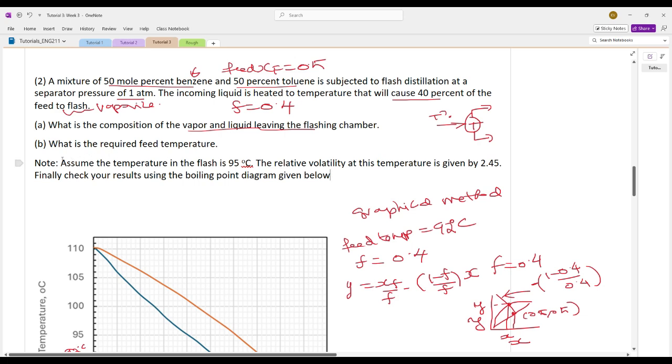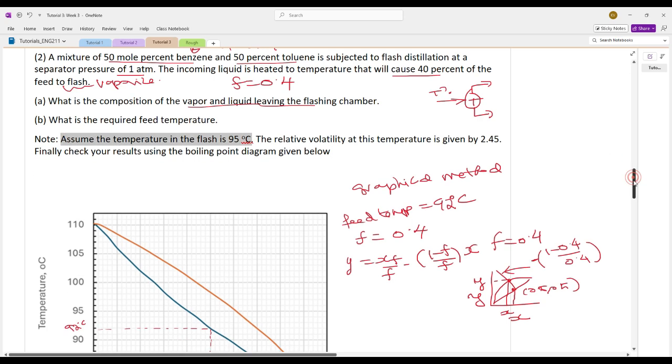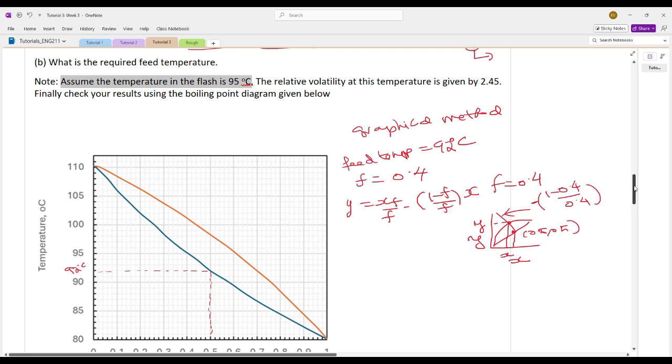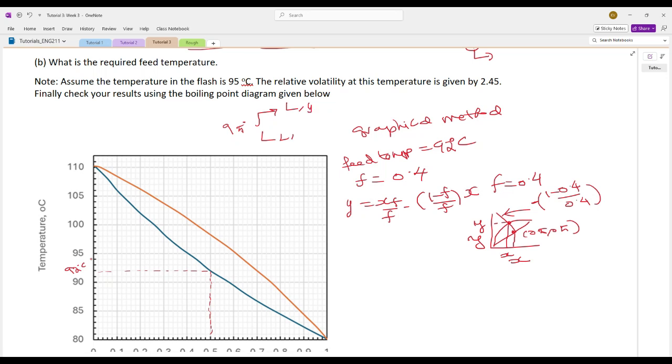If I give something like this, assume the temperature in the flash is 95 degrees centigrade, then the problem is already solved. If the temperature in the flash drum is 95 degrees centigrade, that should be the exit temperature of the vapor and the liquid side. Then we know the corresponding composition x and y if we know the temperature.